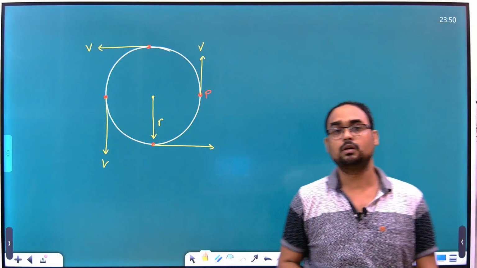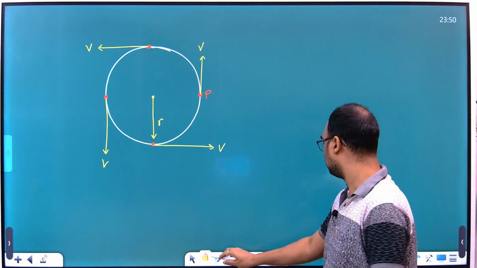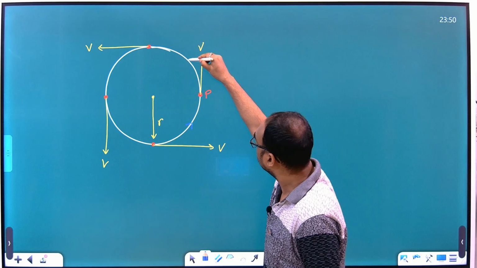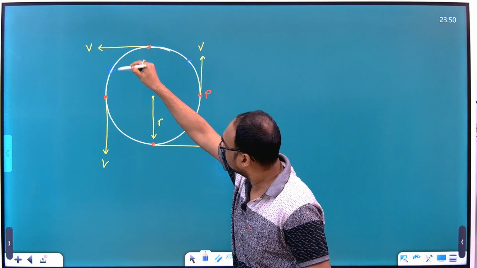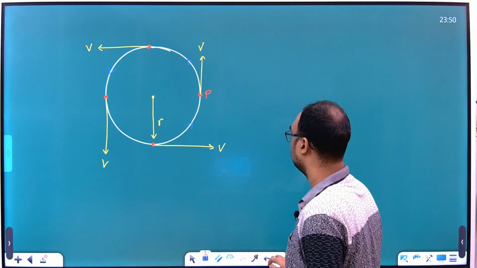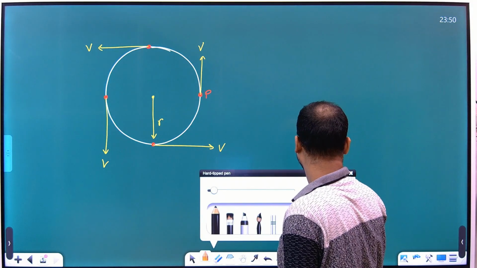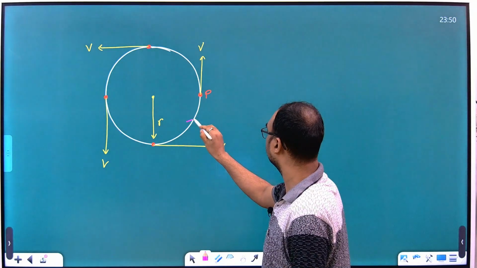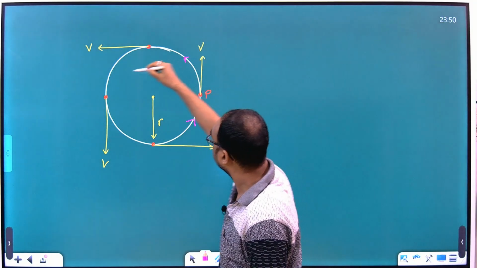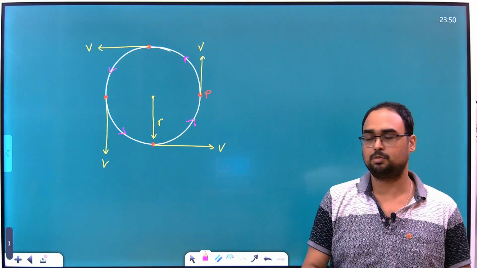Let's give the direction also, because that is important. Okay, the directional rotation and the circular motion is complete.